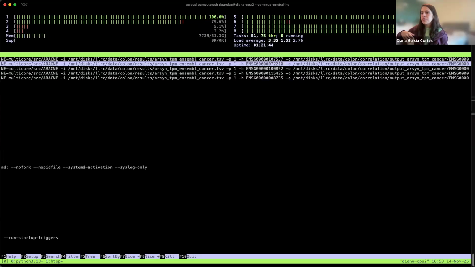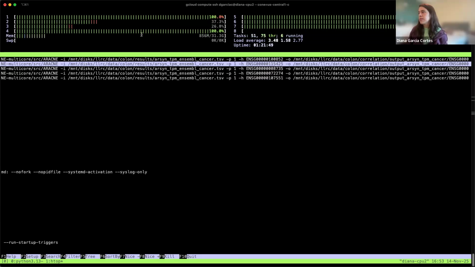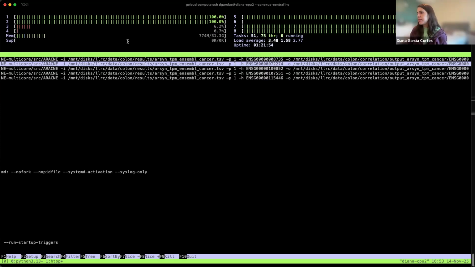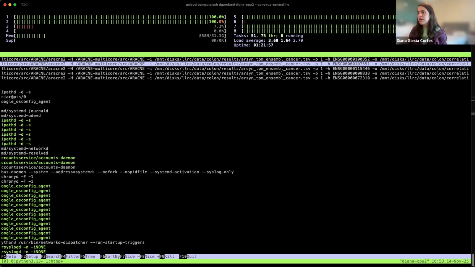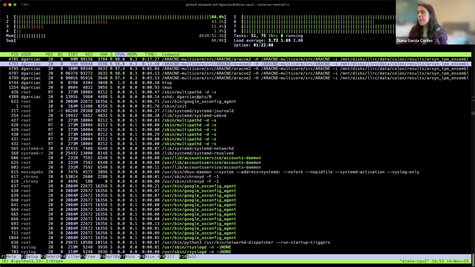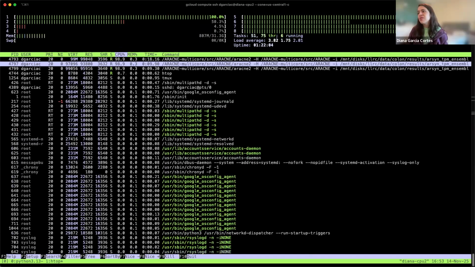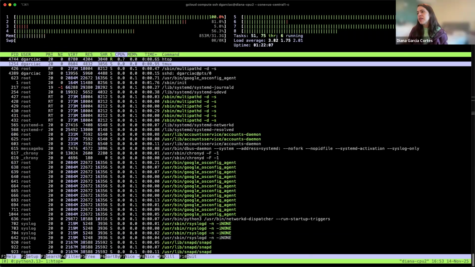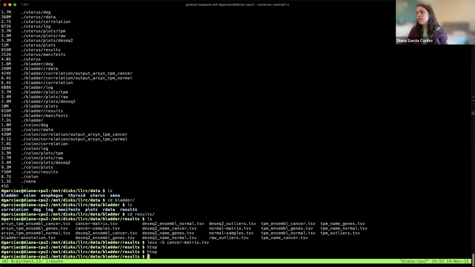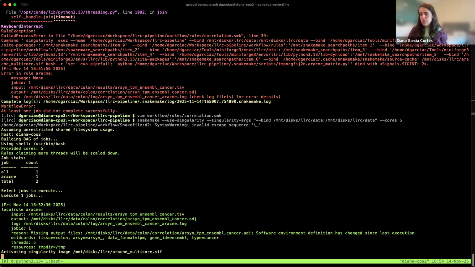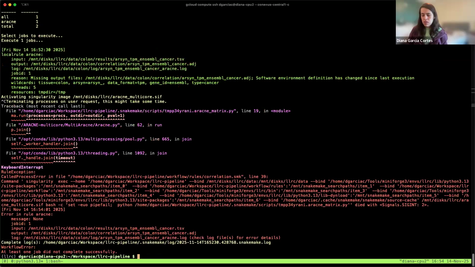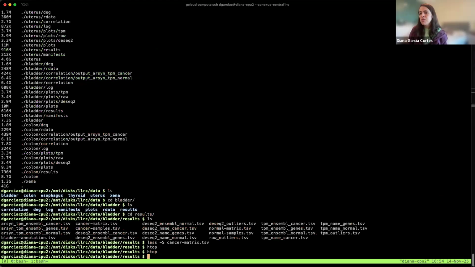And because we only asked for 5 cores, I still have 2 of them that are not running at the entire percentage. And yeah, that's how it looks for a Snakemake workflow. That's pretty much it.